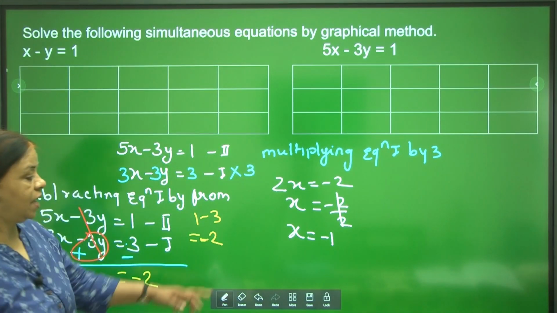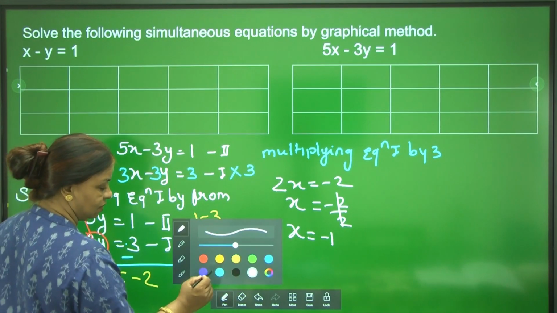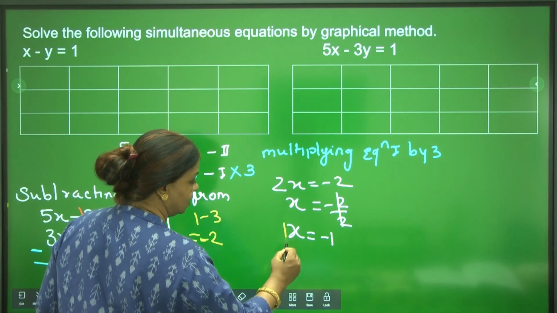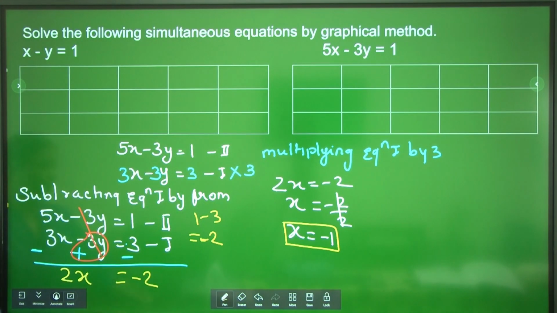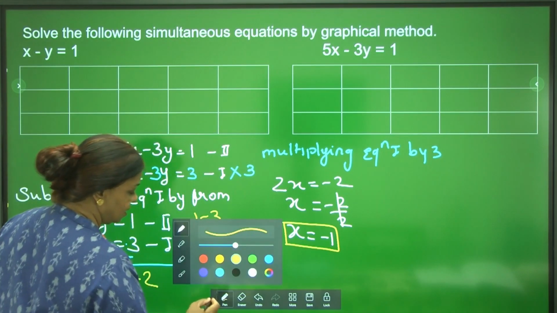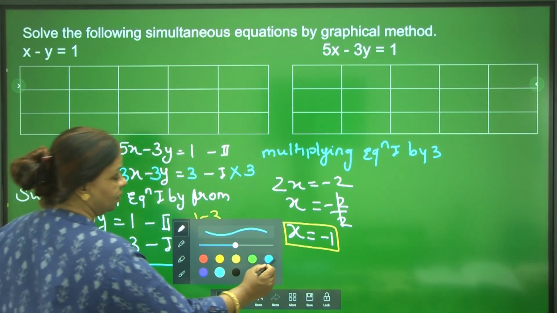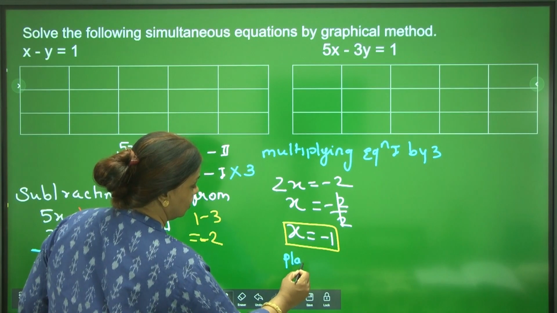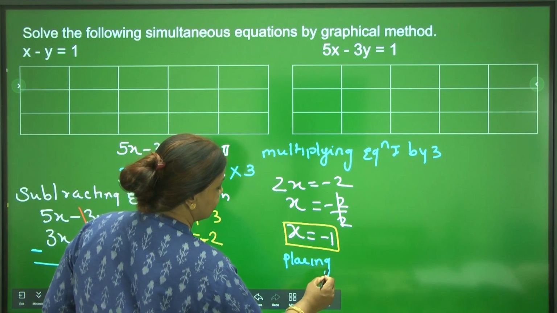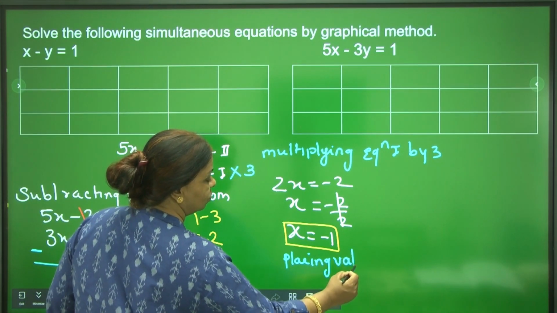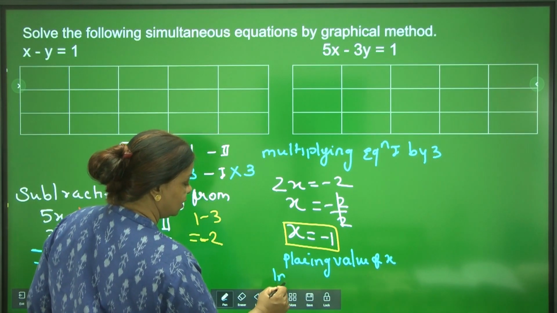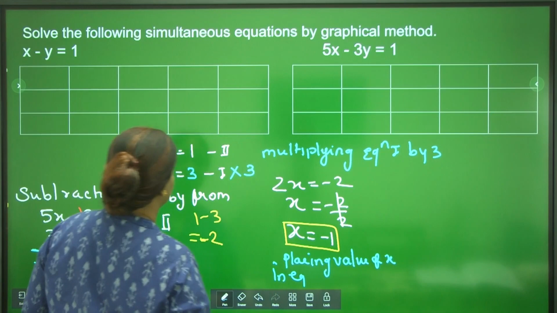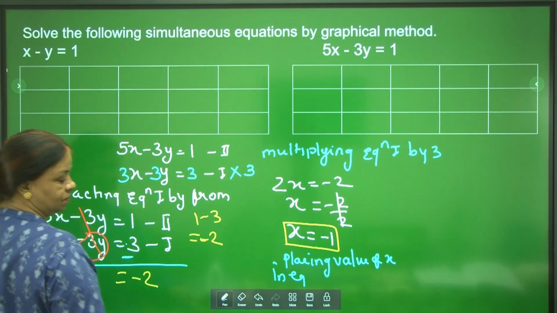Now, I got x is equal to minus 1. I will be placing the value of x now in any one of the equations. Now what will be my statement? My statement will be placing value of x in equation, let us place in 1.